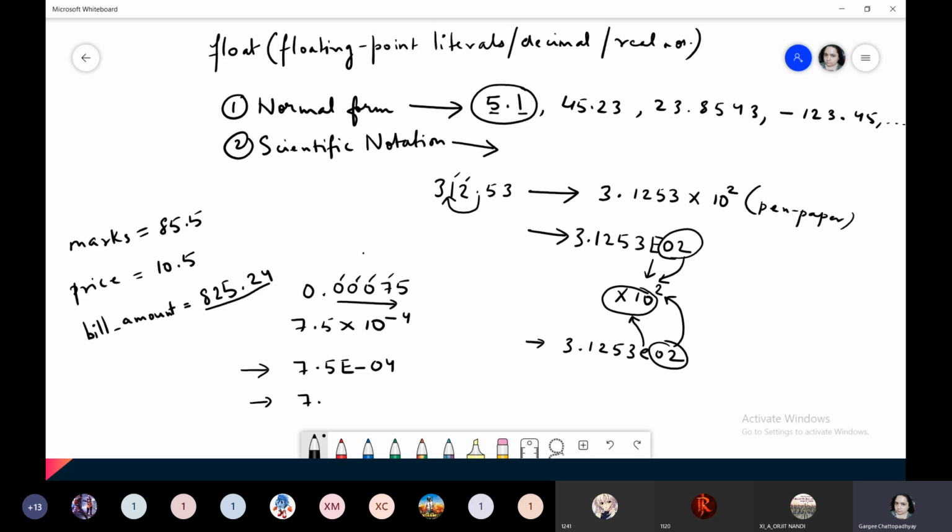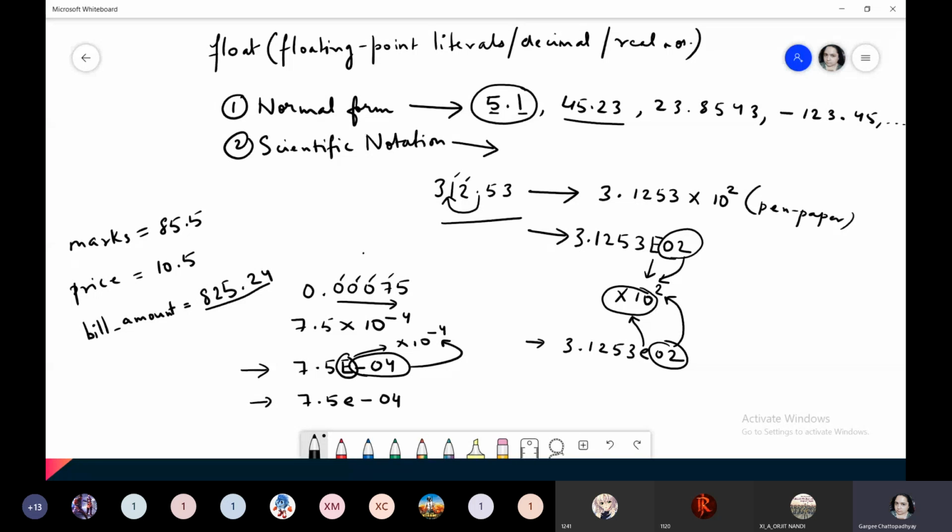Or I can write 7.5 small e minus 0 4. Where E stands for what? Again, into 10, and this minus 0 4 stands for raised to the power minus 4. Is this clear to everyone? Yes, so you can write numbers in the normal form as well as in the scientific notation.